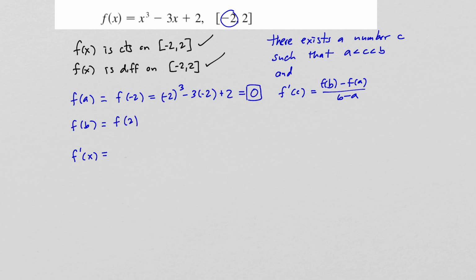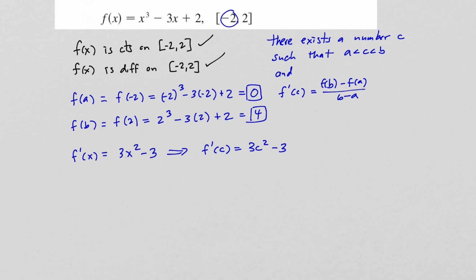F of b is going to be f of +2, and this is 2 to the third power minus 3 times 2 plus 2, and this is 8 minus 6 plus 2, which is equal to 4. And f prime of x is 3x squared minus 3, which means that f prime of c would simply be 3c squared minus 3.